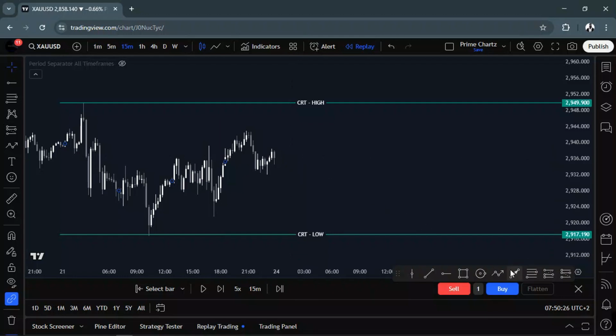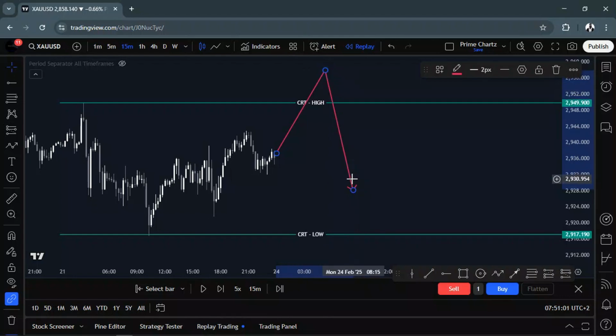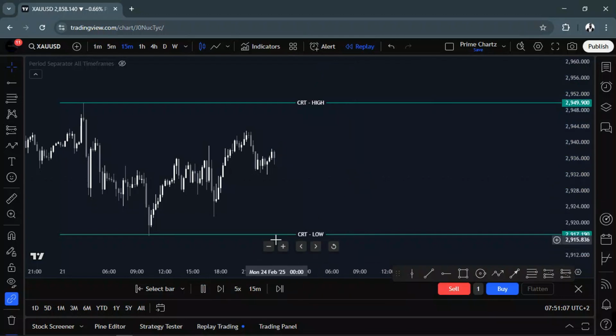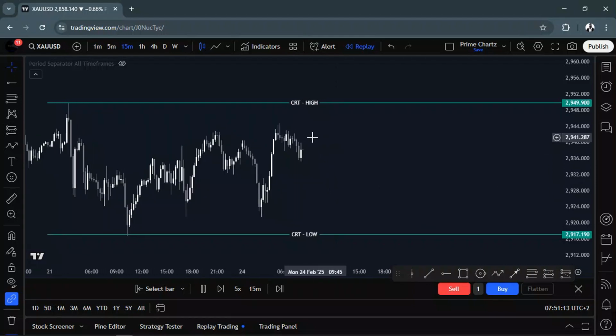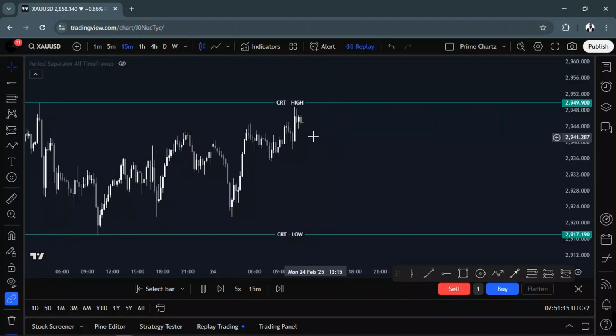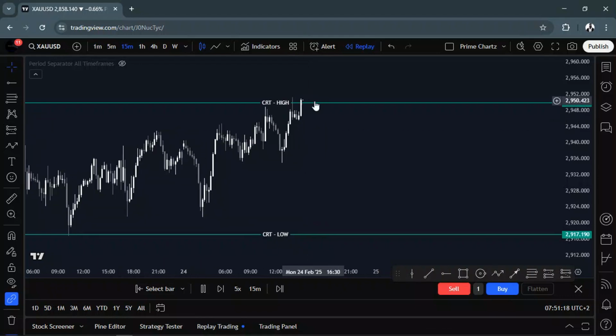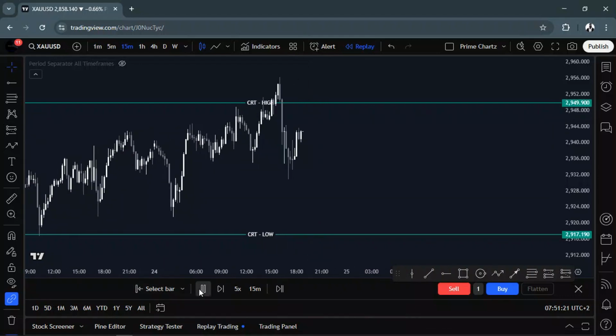So what we want to see is price taking out the liquidity and reversing back into the range, right? So this is going to be our manipulation phase right there. Just as long as price takes out the liquidity and then quickly reverses back into the range, right? This is what we want to see. Alright, so price is pushing nicely to the upside. So what we want to see is price taking out the liquidity above. Nice.